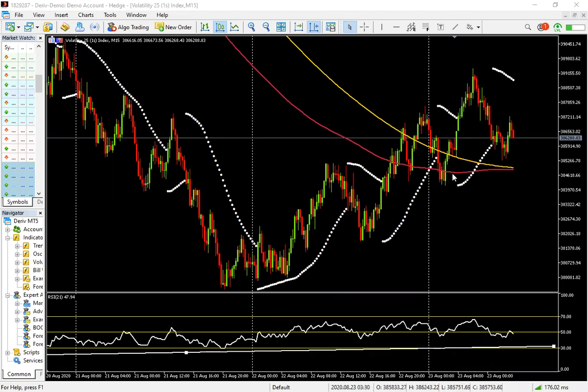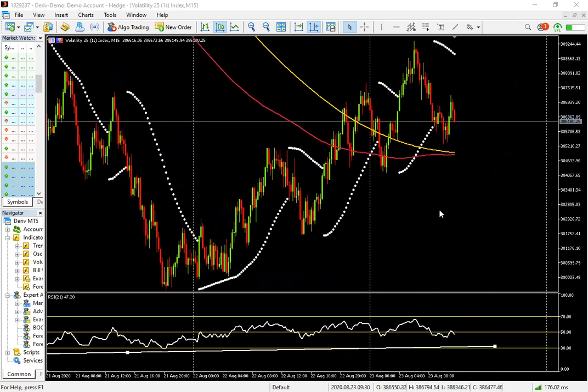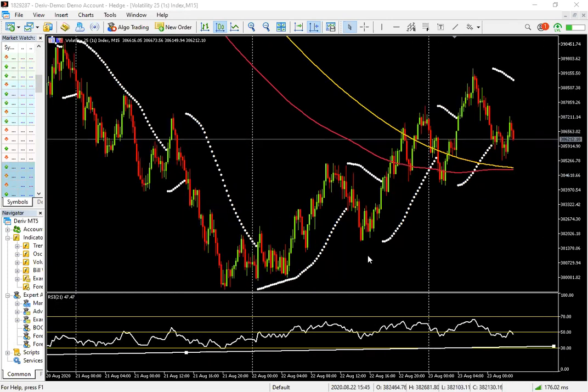And whenever the dots form below the candle, it's a buy signal. So I use that to enter. Whenever I'm looking for a buy, I have to wait for the candle to confirm a buy. I just wait for it to confirm my signal is a buy, because initially I was looking for a buy. And I don't just take any buy. I have to look at what the market is doing.